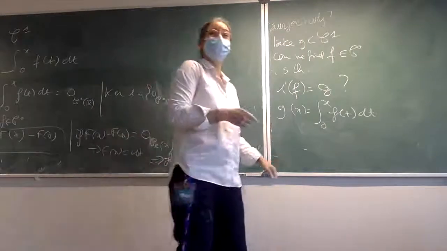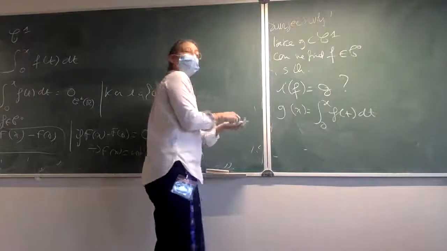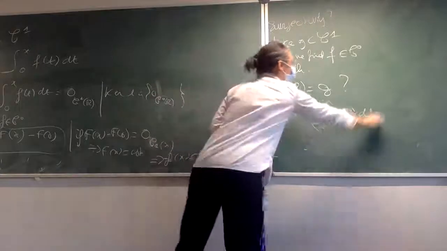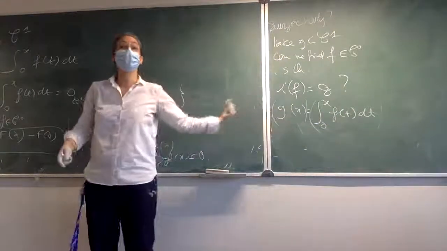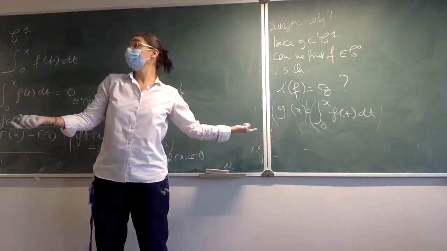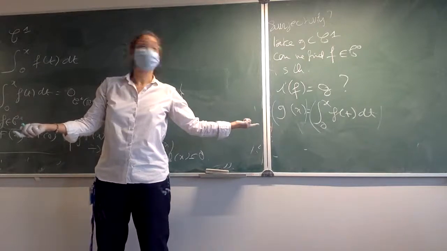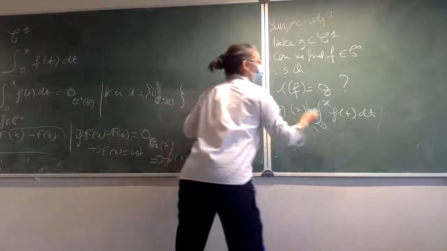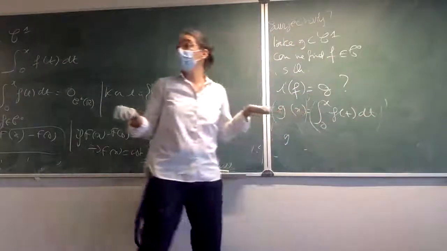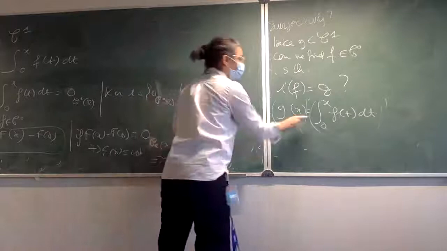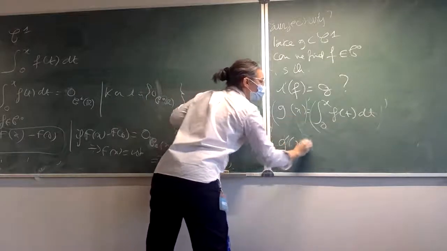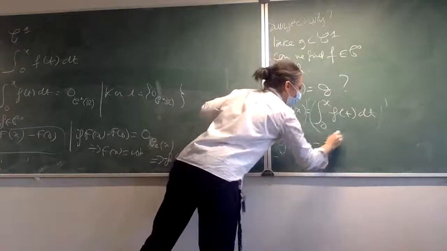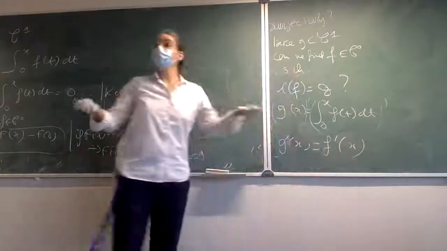Yes, exactly, differentiate. If I give you this kind of relation, how do you extract f from this? You do the derivative, so that's going to be g prime. You do the derivative on both sides, and you get g prime of x is equal to f of x, by the fundamental theorem of calculus.